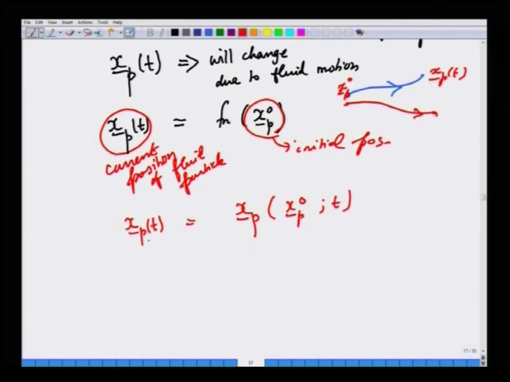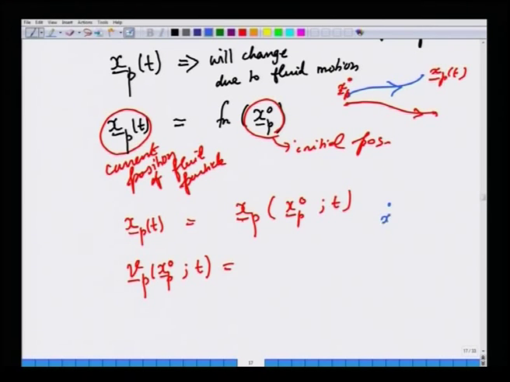Now, if I have this functional form, how the current position varies with initial position and time, then I can calculate the velocity of a fluid particle x_p0 at time t. A fluid particle is identified by its location at time t equal to 0. So, let me use some of the color here.